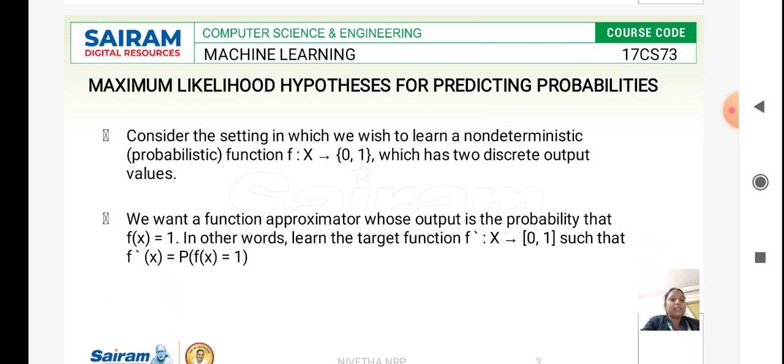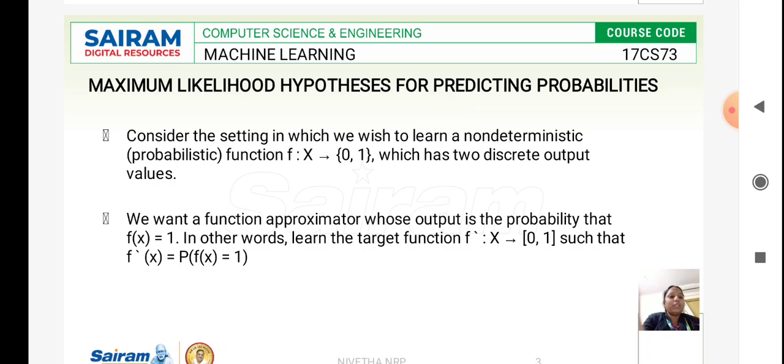How do you obtain this? Generally, we have a non-deterministic probability. That is, whenever we have a function, the outcome of that function will be either 0 or 1 when we represent it as a discrete output value. For example, when I am tossing a coin, what is the probability of occurrence of either head or tail? The probability will be 1 by 2.